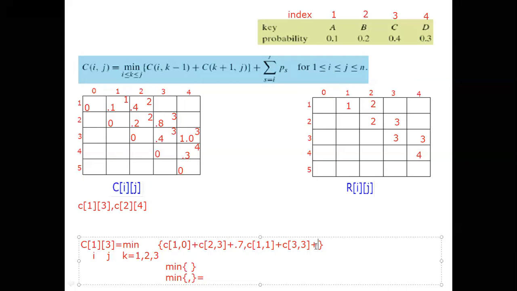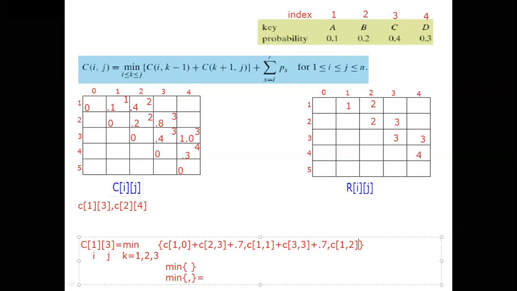Here also 0.7. Now k is equal to 2 I have done. Now k is equal to 3. C of I value is 1, comma, what is the k value? It is 3. K minus 1, that is 2.